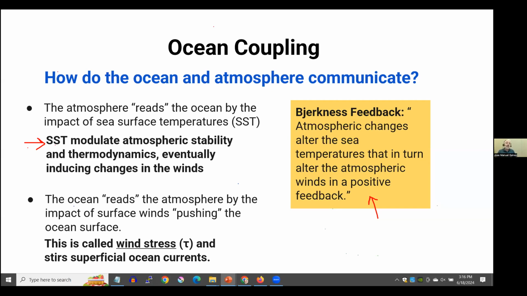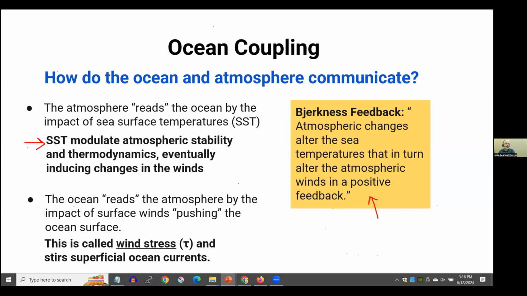There are a couple of processes really, it's not just one, but the main process of how the ocean reads the atmosphere is that the surface of the ocean is pushed by the winds. So if you have strong surface winds, then you have a better ability to push the ocean surface and enhance an ocean current, and that will modify a lot of things.